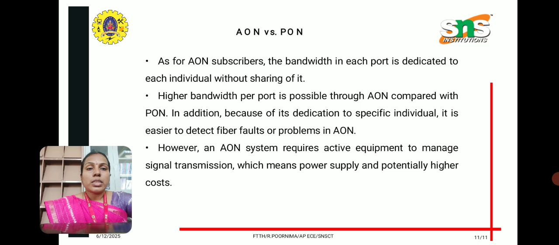It is easier to detect fiber faults and problems in an active network. It is used for long distance transmission compared to PON. It requires active equipment to manage the signal transmission, which means a power supply and potentially higher cost. So the active network is higher cost compared to the passive network.